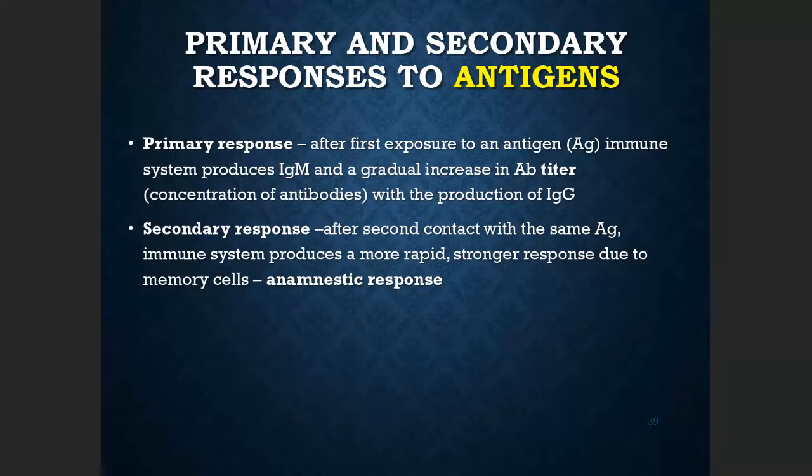Okay. The primary response, this is really important when we talk about COVID-19, maybe you've heard about this one, the antibody that will increase first will be the IgM. Okay? So the IgM will be increased first. That's the primary response.